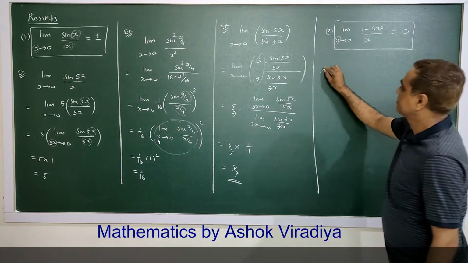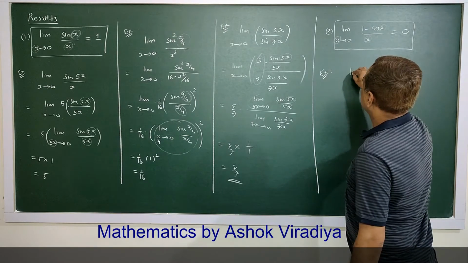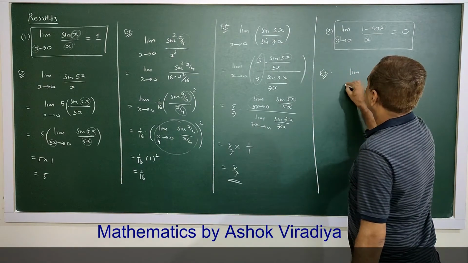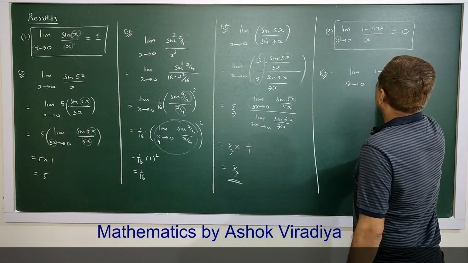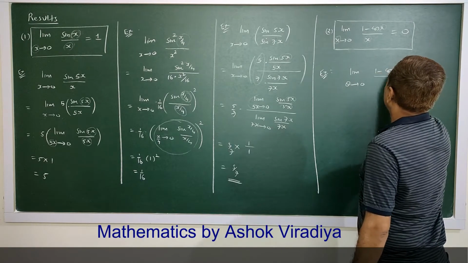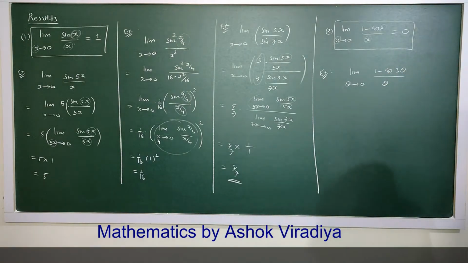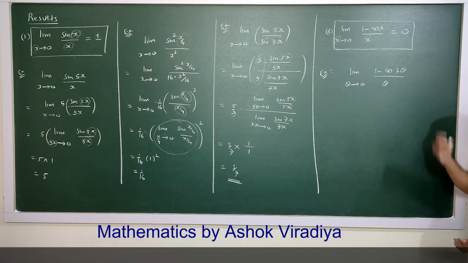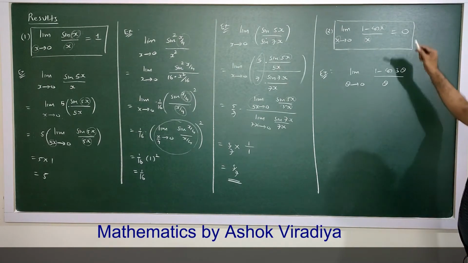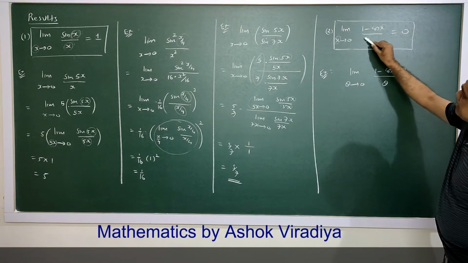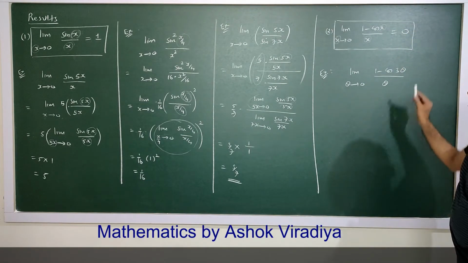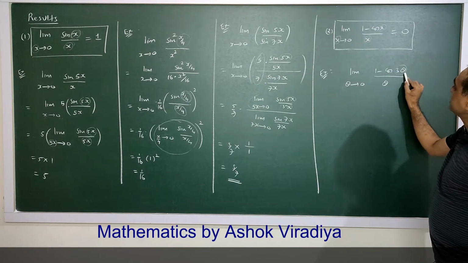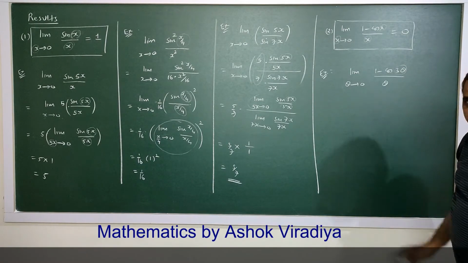As for example, suppose we want here (1 minus cos 3 theta) upon theta. We want a limit of this function. Now look at the standard form. Whatever number is here, the same number must be here. Here this is theta, 3 theta, but we don't have 3 theta.